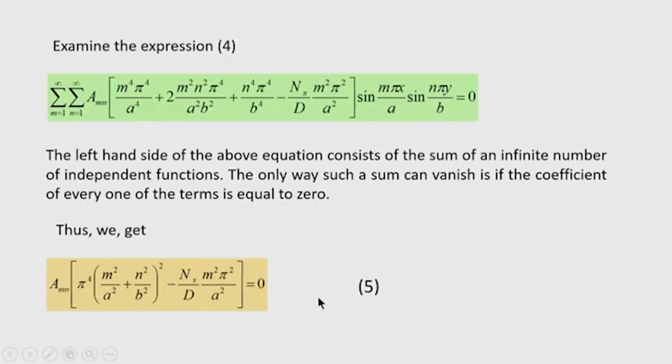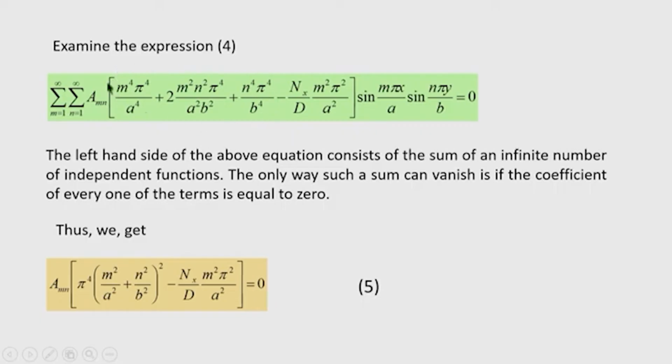Okay. So, according to that, we write this quantity inside the third bracket equal to 0, and you can see these three terms can be combined: m^4 π^4 divided by a^4, plus 2 m^2 n^2 π^4 by a^2 b^2, plus n^4 π^4 divided by b^4.